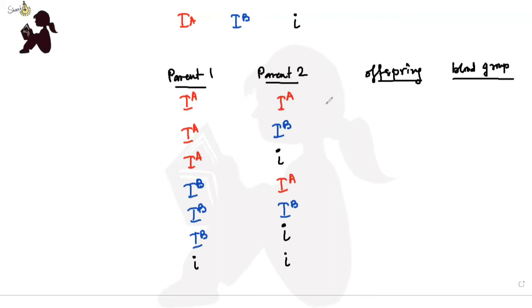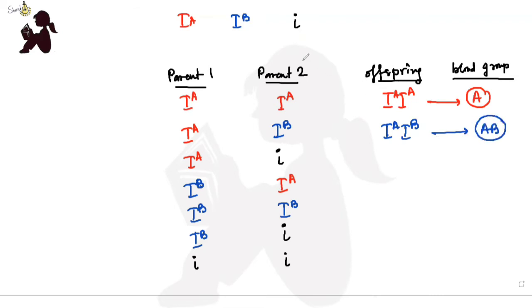From this result, IA IA in the offspring will show the phenotype of A blood group. IA IB phenotype will represent the AB blood group.